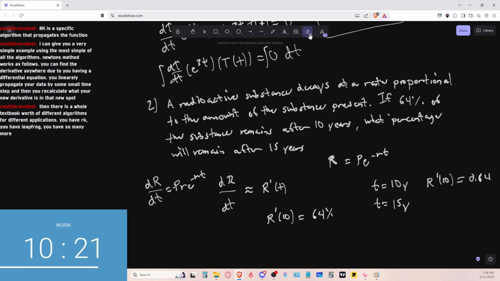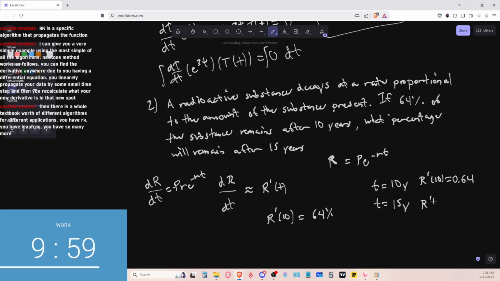Wow, my 6 is so squished. I'm not liking the way I'm writing this. There we go, that's what I wanted. So our main priority is just to get this answer.